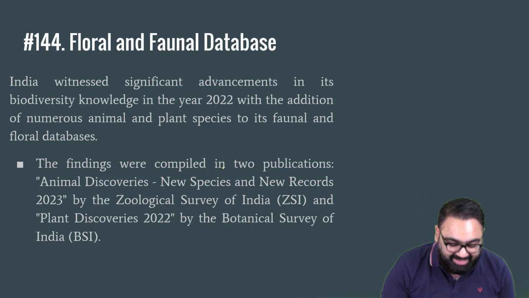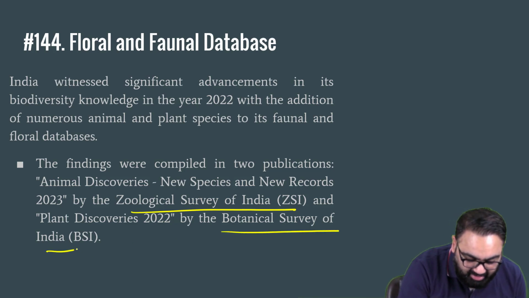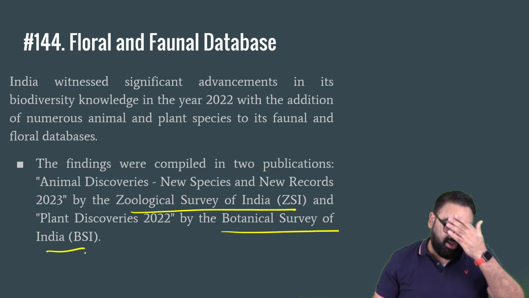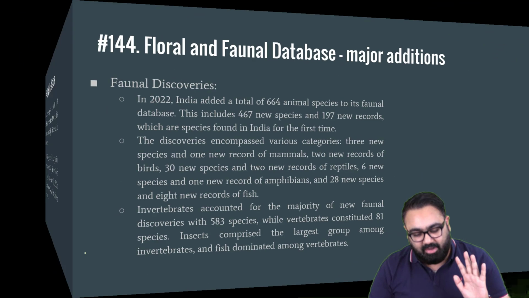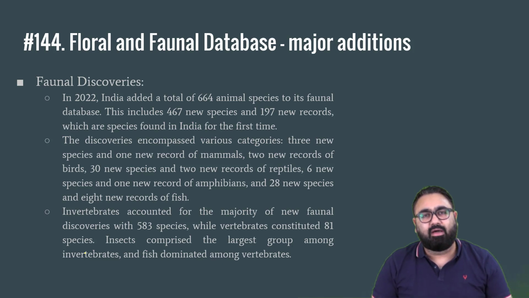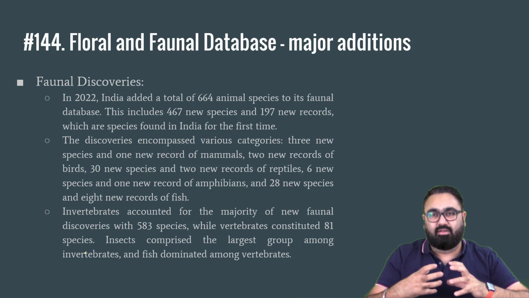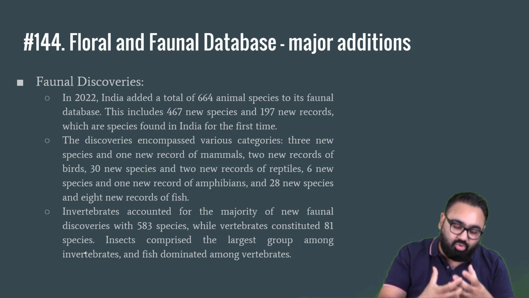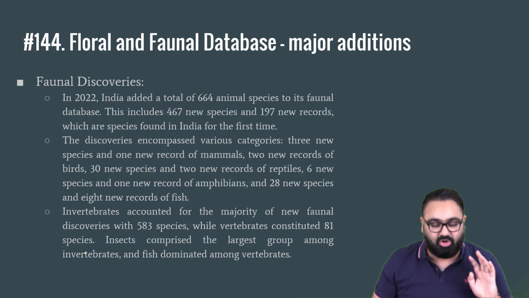There are records maintained by the Zoological Survey of India and Botanical Survey of India. They maintain records of how many new animal or plant species we have. You don't have to remember the numbers as such. Just remember some important pointers. For example, which state has found the most new species, or which state has found some unique species. That is more important for you.